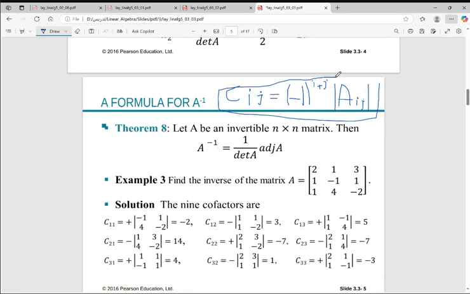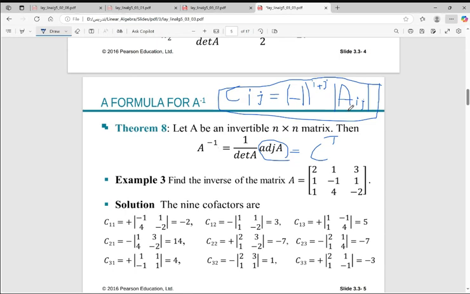Each entry ij of this matrix C is defined as -1 to the power of i plus j times the determinant of capital Aij, where Aij is the matrix obtained by removing row i and column j from A. So we have matrix C, and the adjugate of A equals the transpose of matrix C, defined in this way.